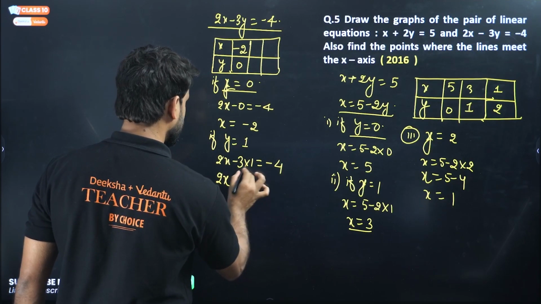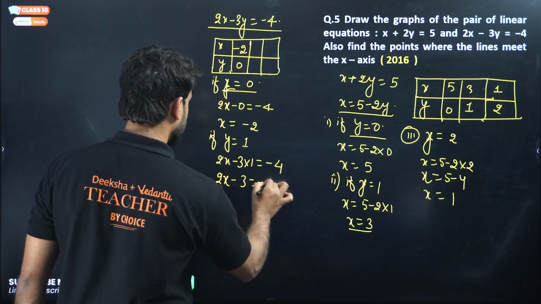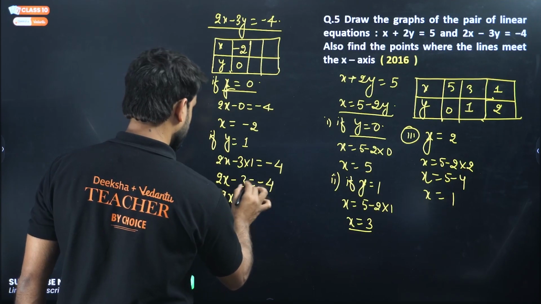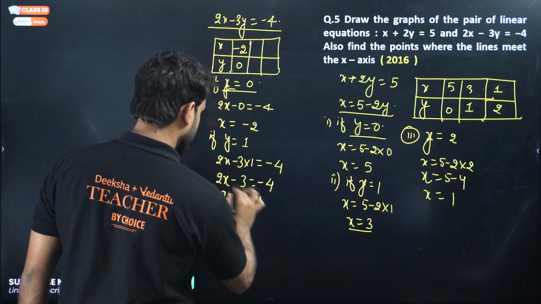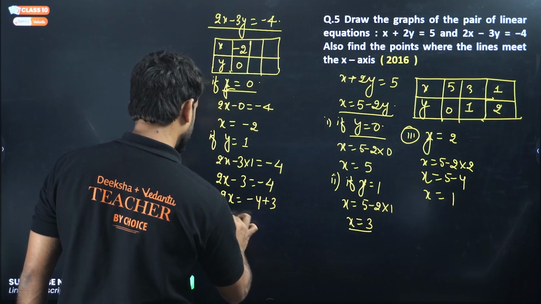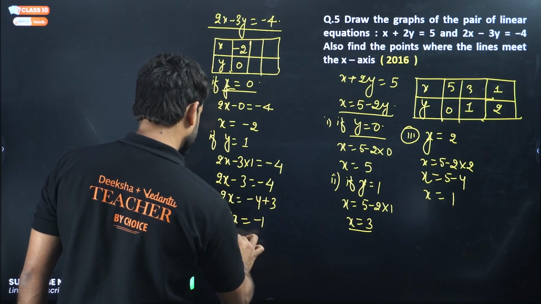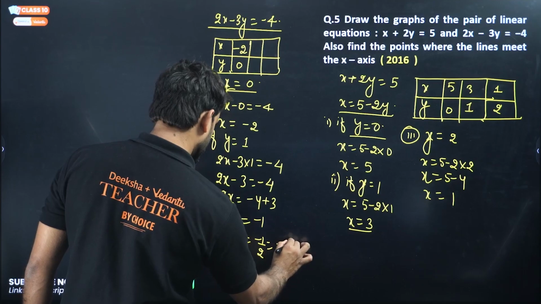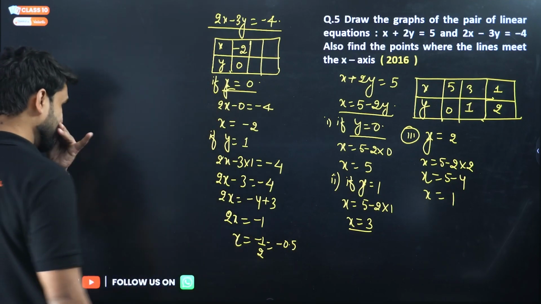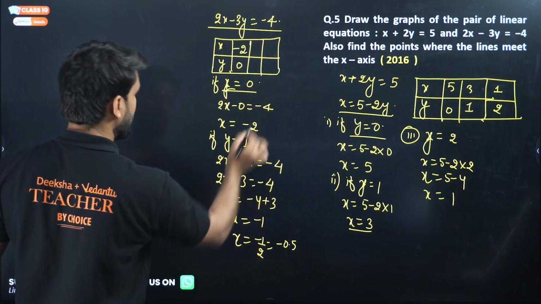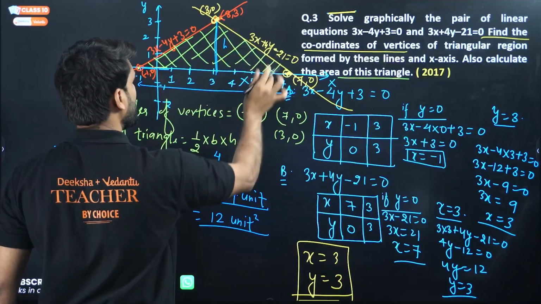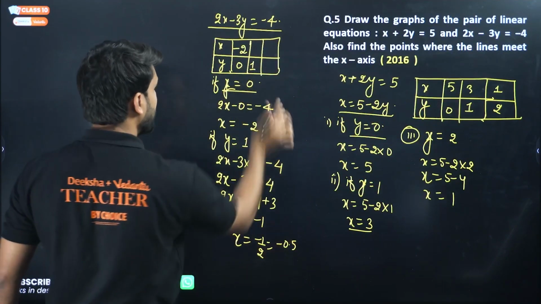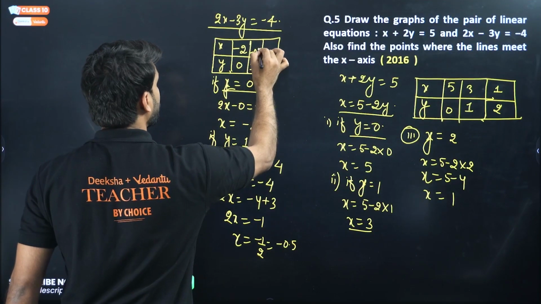So 2x minus 3 equals minus 4, so 2x will be equal to minus 4 and this 3 will be plus 3. So we are getting 2x as minus 1, which gives x equals minus 1 by 2, which is minus 0.5. Right? So on putting y as 1, we are getting x as minus 0.5.